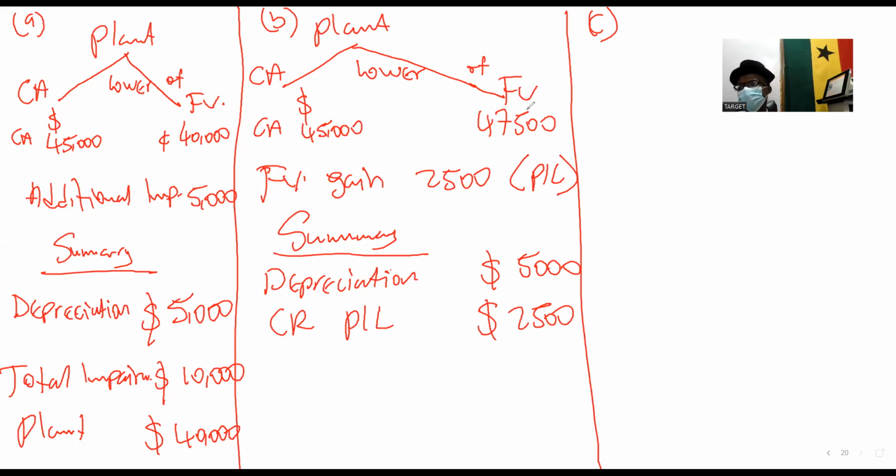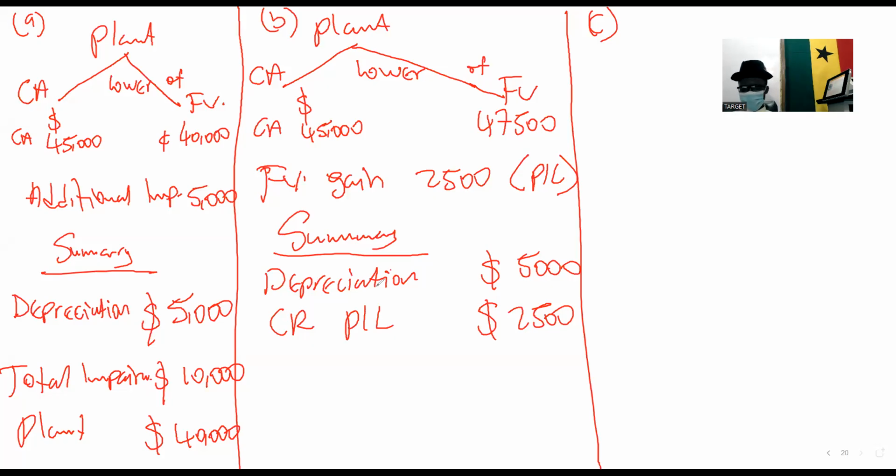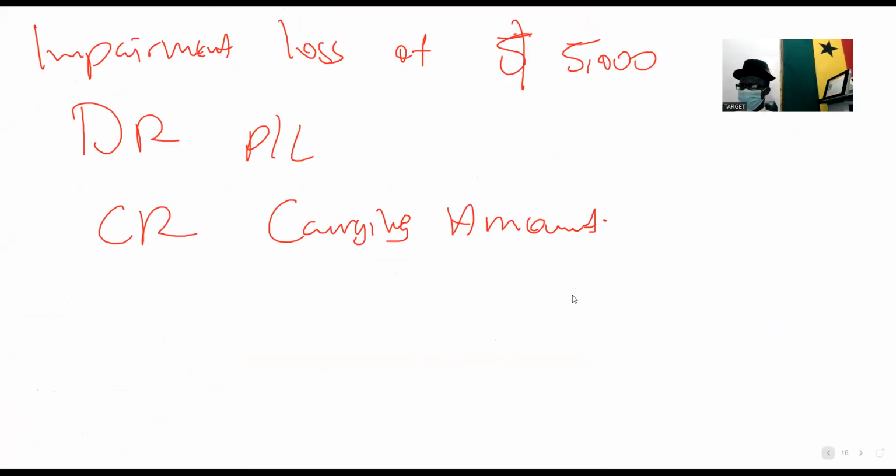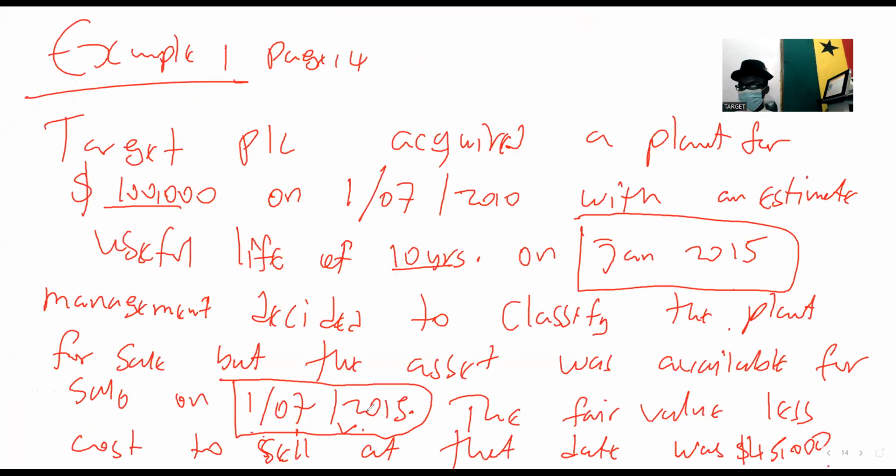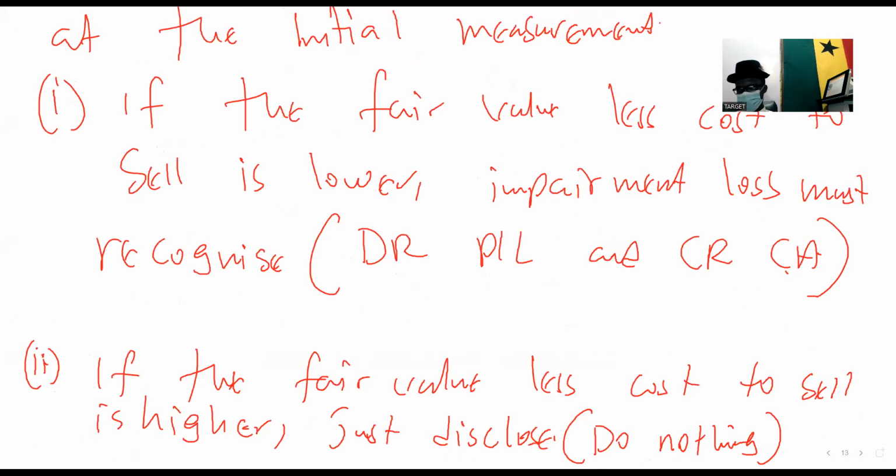Yeah, so the corresponding entry. I have a question here. One says, what if the fair value is higher? You see, the fair value will be higher at the initial date. At the initial date, that's why we do nothing. The very first time when the fair value is high, don't do anything.